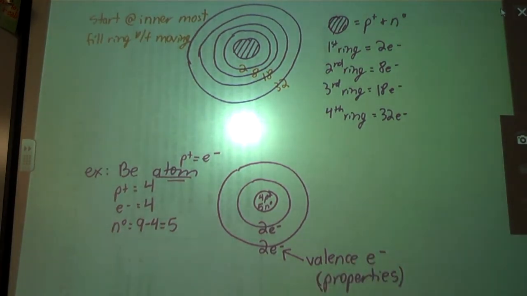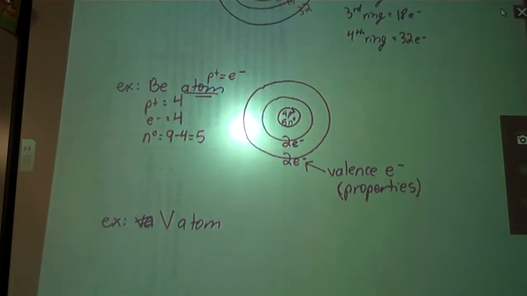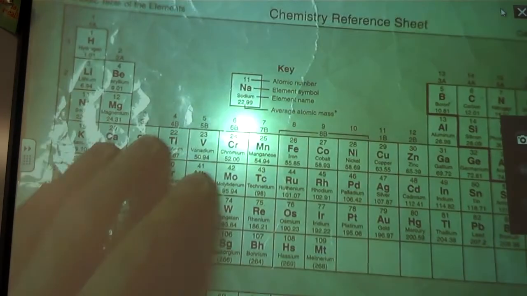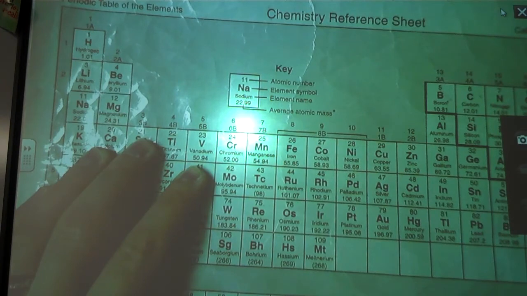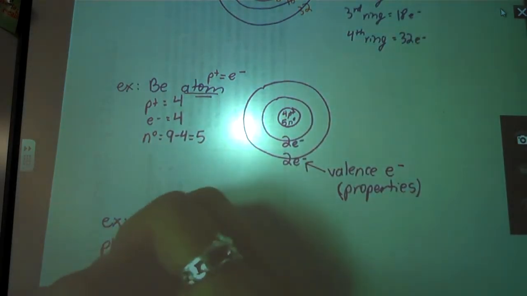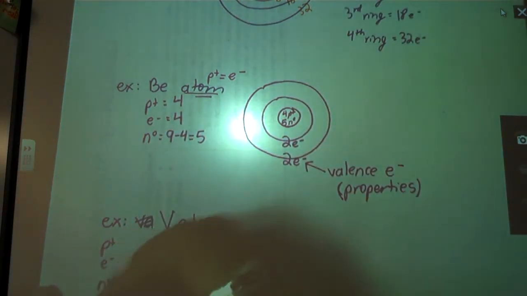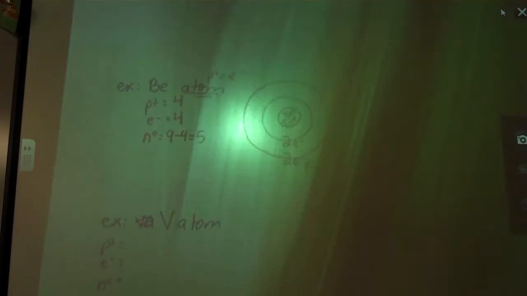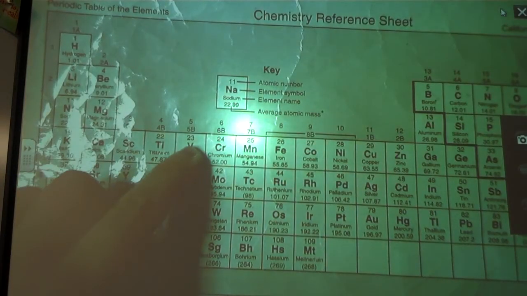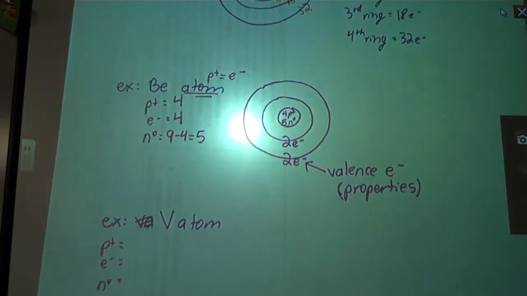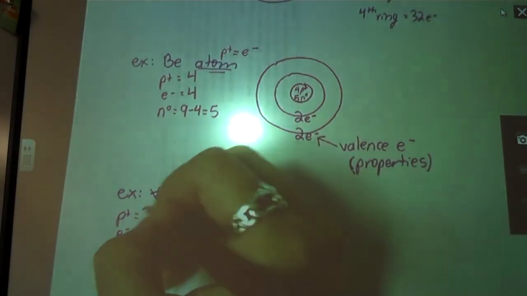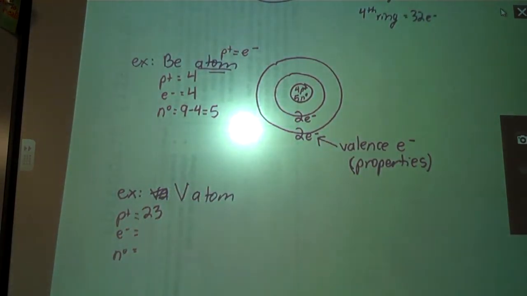Let's look at another example. The vanadium atom. Vanadium, there it is right there. So 23 is the atomic number, 51, if we round, is the mass number. Since my atomic number is 23, that means that I have 23 protons.